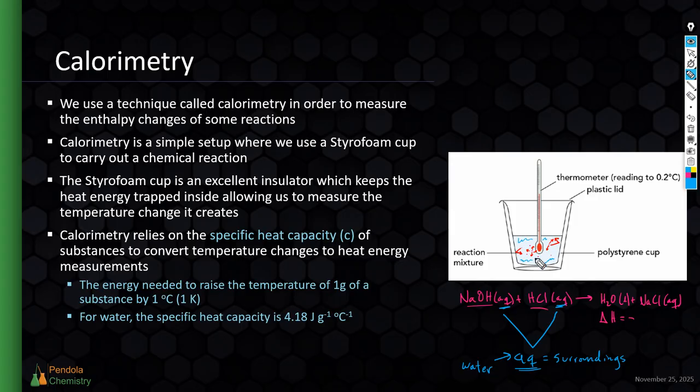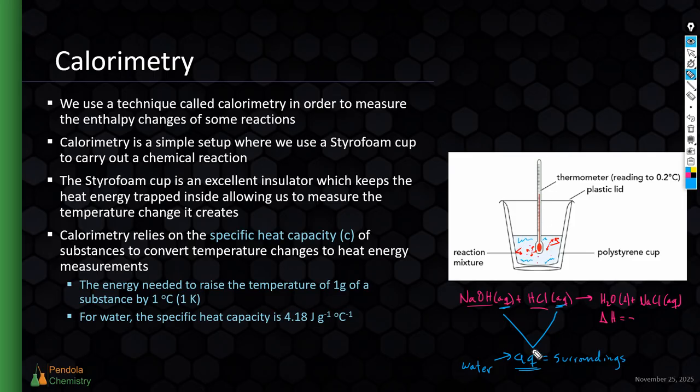And so what happens? Through this thermometer that we have put in here, we can measure the temperature of that water. And so we can directly measure the amount that the temperature of the water either goes up or down by, and therefore say a few things about the reaction.